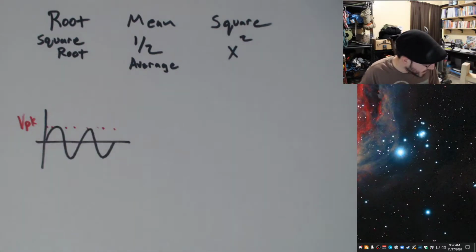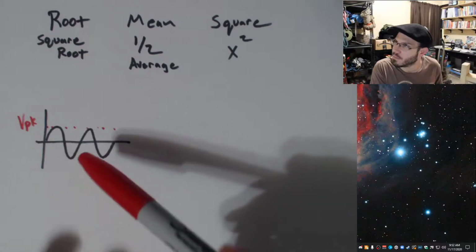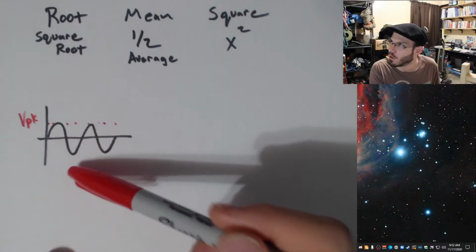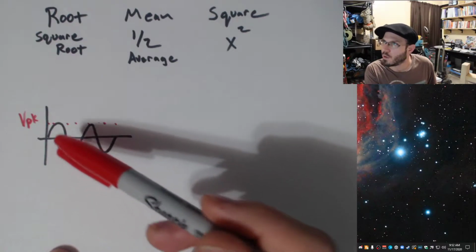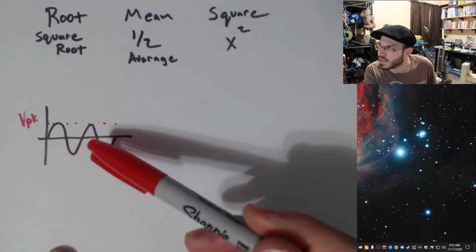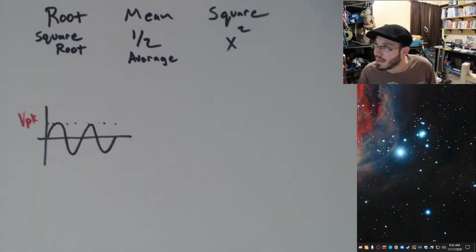Now, what's messing with us is we can't take the average because this is dipping down negative just as much as it's going positive. So is there a way that we can take all of our voltages and actually just turn them all positive? Yeah, I can go ahead and take the square of something. If I take the square of something, I get rid of the minus signs.